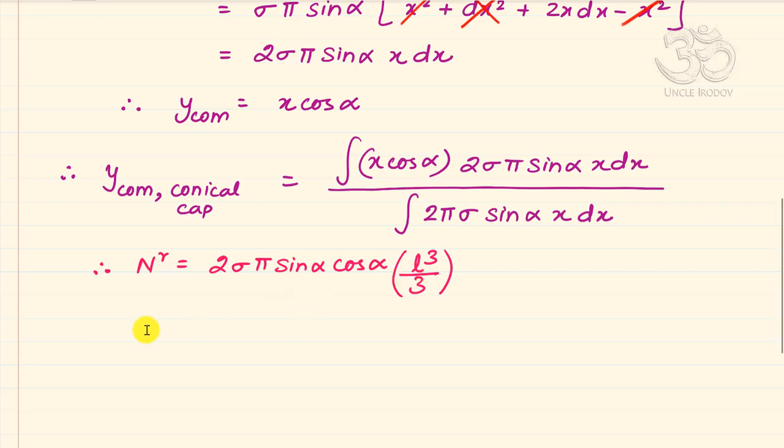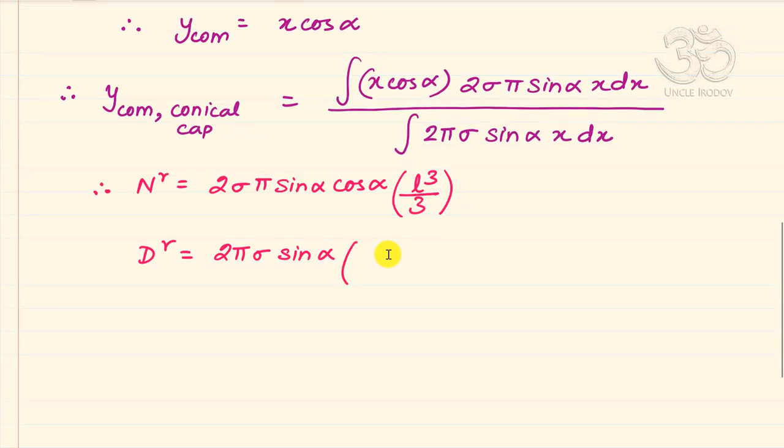And what about the denominator? Denominator will be the integral of all this. So 2 pi sigma sine alpha taken out, times you have x dx, it will give you x square by 2. You will have to insert the limits, it will give you L square by 2.